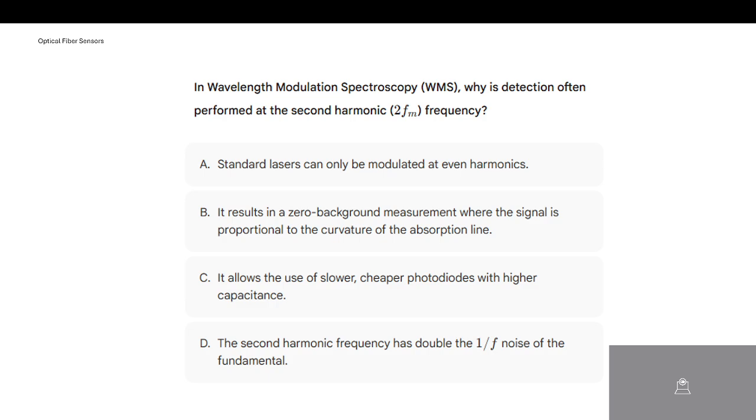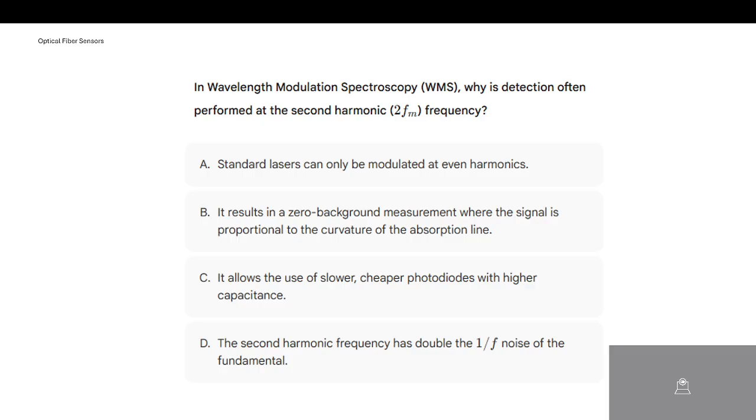Moving towards the last question, in wavelength modulation spectroscopy (WMS), why is detection often performed at the second harmonic frequency? The first option is a standard laser can only be modulated at even harmonics.